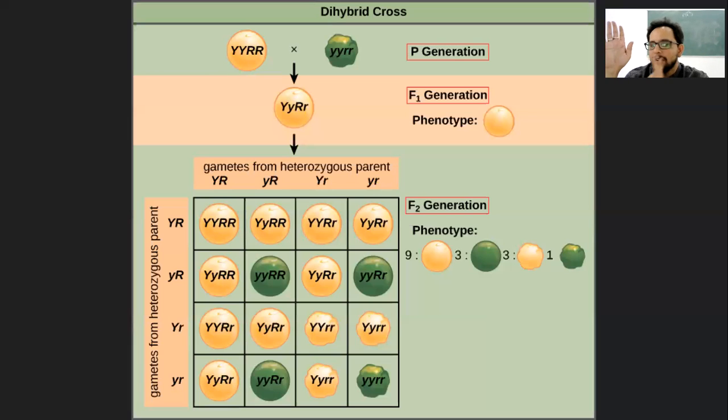Yes, sir. Because the law of segregation and independent assortment were specifically considering certain points. And you remember the chromosomal theory of inheritance was based on certain points. That's what came after Mendel's experiment.